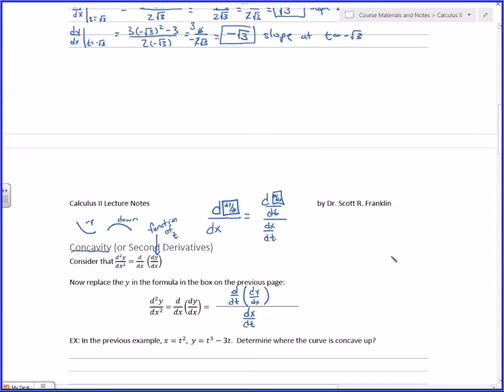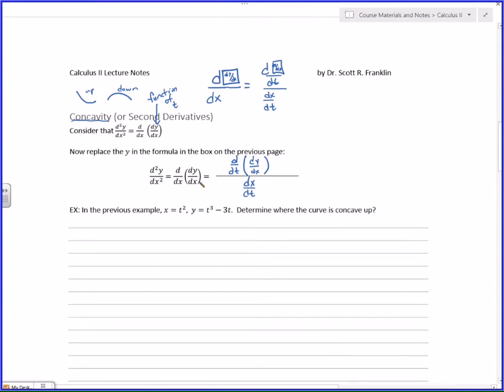Okay? So in the previous example, I'm asking you to determine where it's concave up. So the question is essentially, where is the second derivative positive? That's concave up. If it's concave down, it's where is it negative. But to first do that, let's find the second derivative.